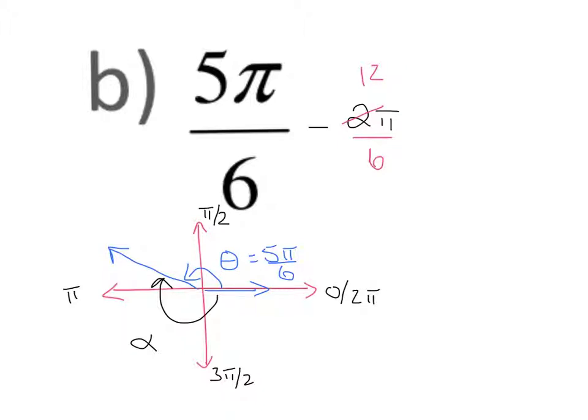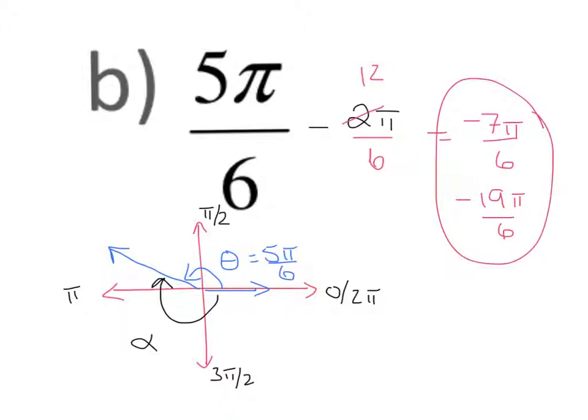So 5 minus 12 is negative 7 pi over 6. And in order to find another negative rotation, you would just subtract another 12. So that would be negative 19 pi over 6. So that would be our two negative rotations.